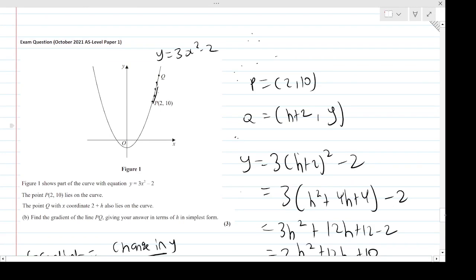So if we draw a little tangent at P, a very rough one, a line which touches the curve at the point P, that gradient will tell us the gradient of the curve, so the steepness of the curve at the point P.